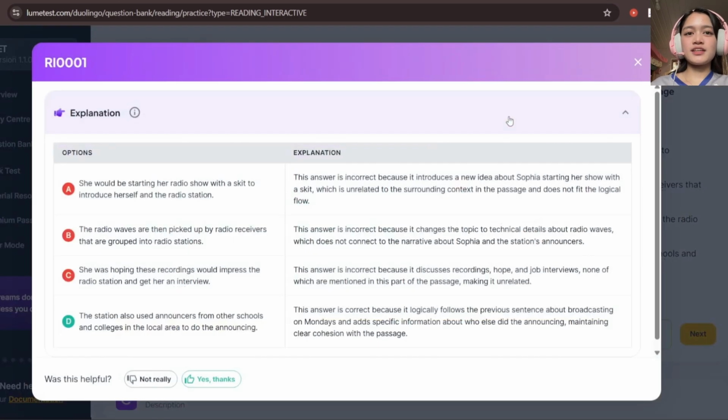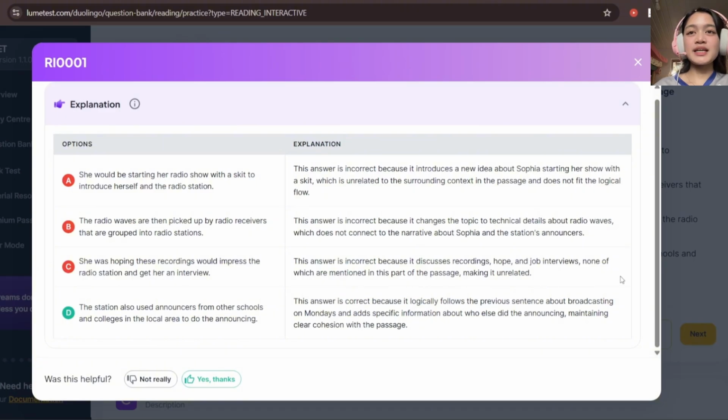The explanation for our letter D answer is: this answer is correct because it logically follows the previous sentence about broadcasting on Mondays and adds specific information about who else did the announcing, maintaining clear cohesion with the passage.